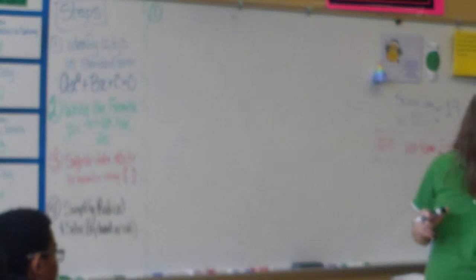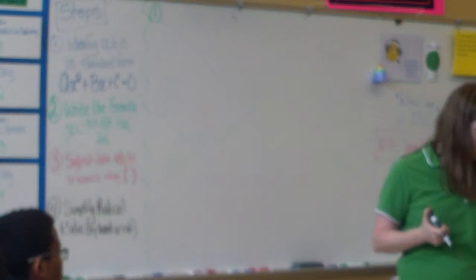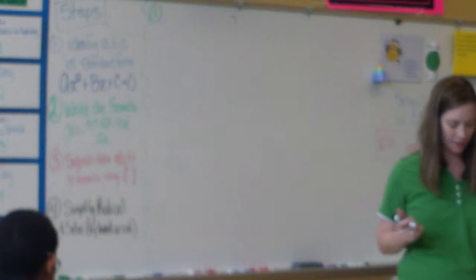All right, we got a singer. All right, negative b plus or minus root of b squared minus 4ac all over 2a.